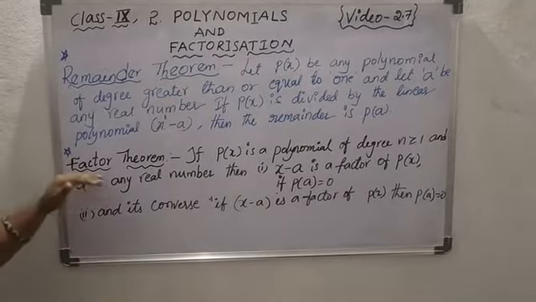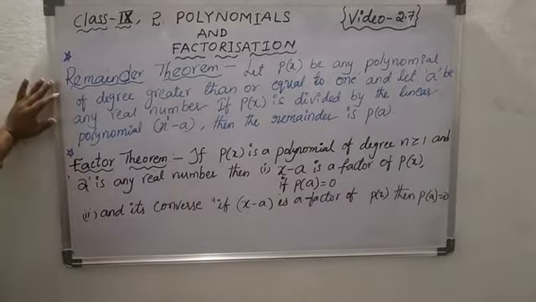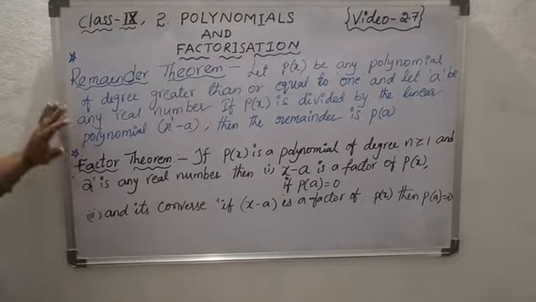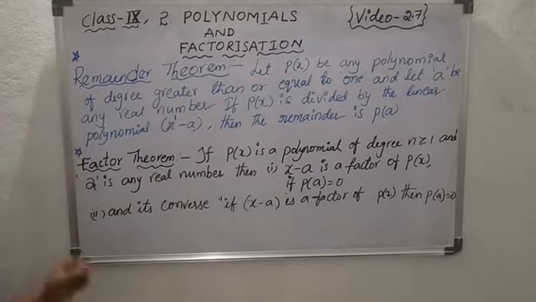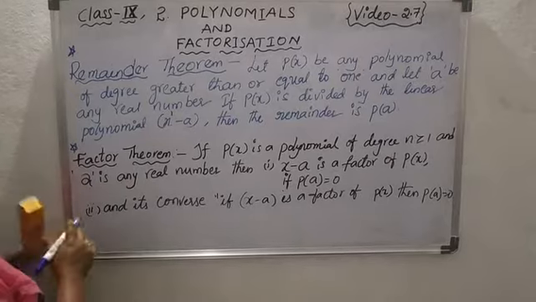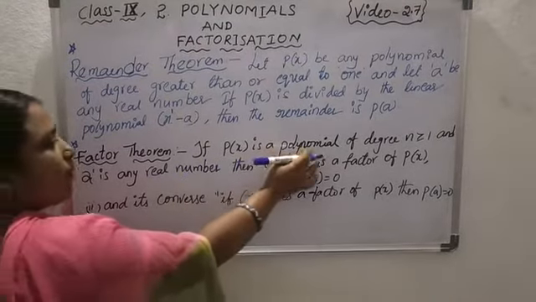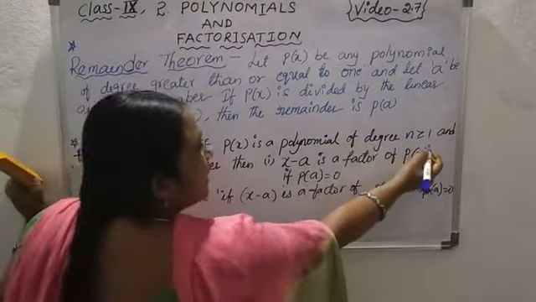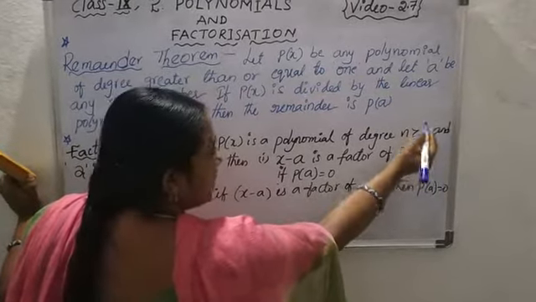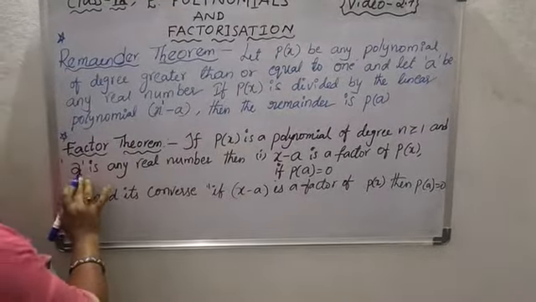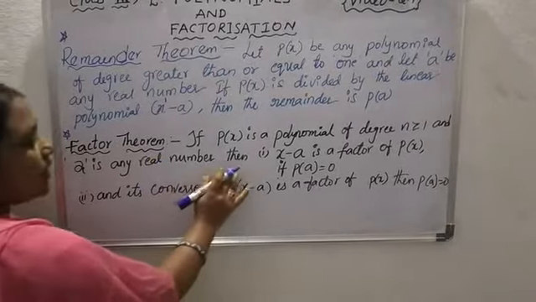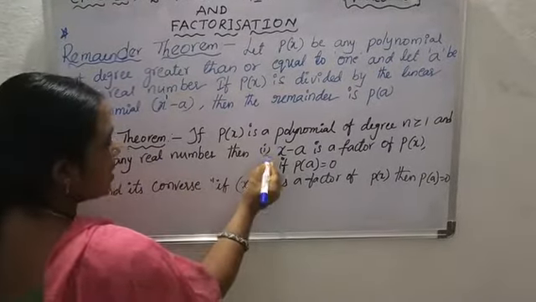Now coming to the factor theorem. The factor theorem and the remainder theorem are the same, but with one small change. Now I will clarify this. If P of x is a polynomial of degree greater than or equal to 1 and a is any real number, then two conditions are given.